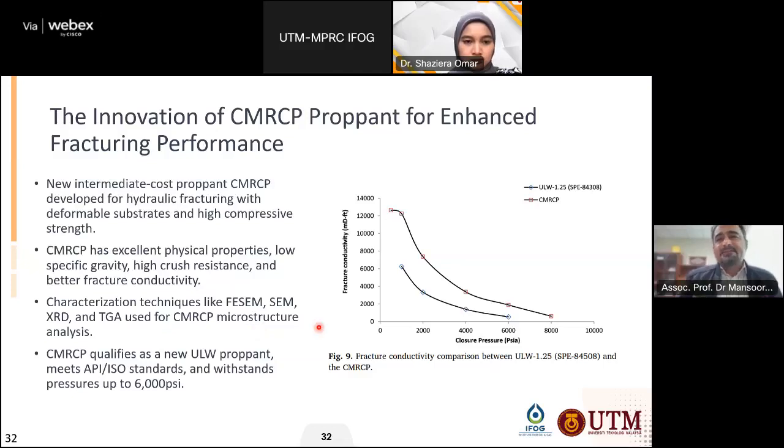At the end, as you can see, the fracture conductivity was tested, and it shows that this product outperforms the comparative product in the market, which is Ultra Lightweight 1.2 from Baker Hughes. It can withstand up to 6,000 psi in the subsurface.